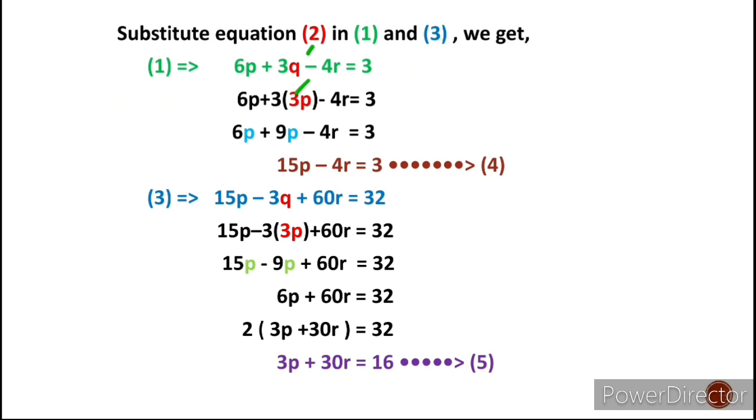So 6p plus 3 into, instead of q I write 3p, minus 4r is equal to 3. Now simplify this. 6 into p is 6p plus 3 3s are 9, 9p minus 4r is equal to 3. So 6p plus 9p is 15p minus 4r is equal to 3.